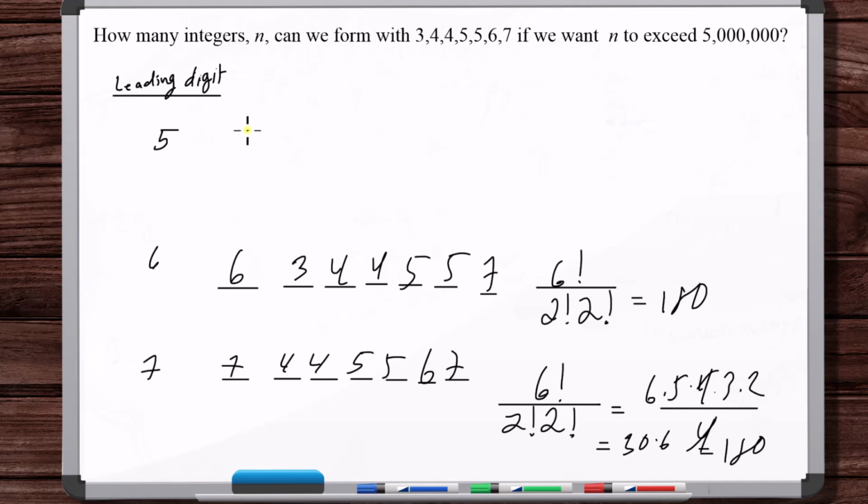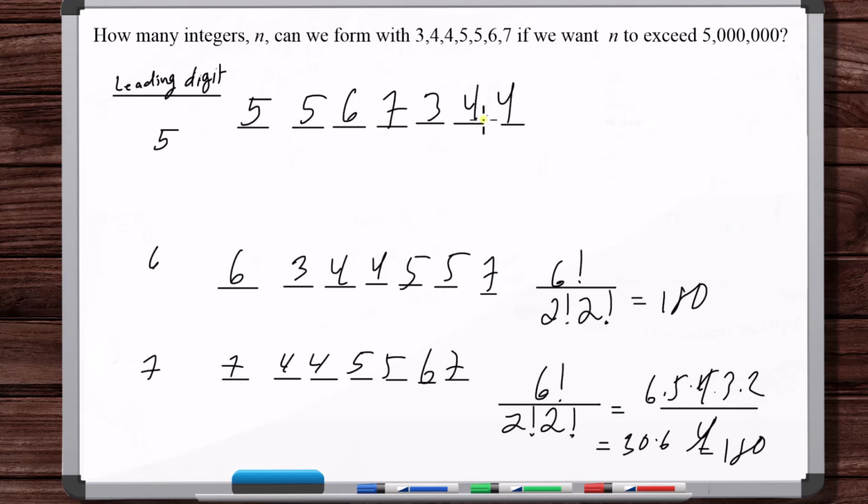Now, if we lead with a 5, we've got 5, 6, 7, 3, 4, 4. Okay, so we could just count these. Do we have to think about the 5 switching spots and divide that out?